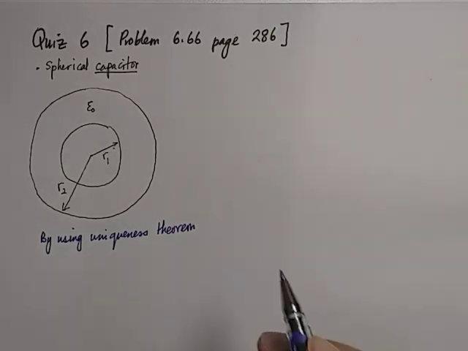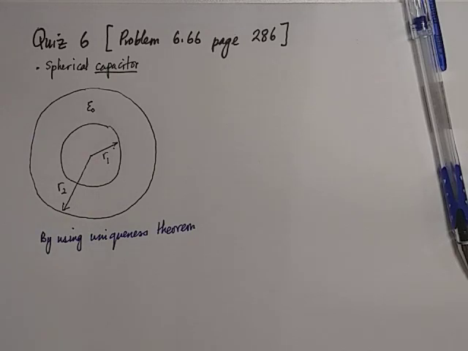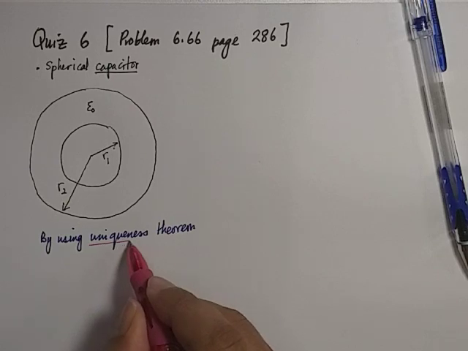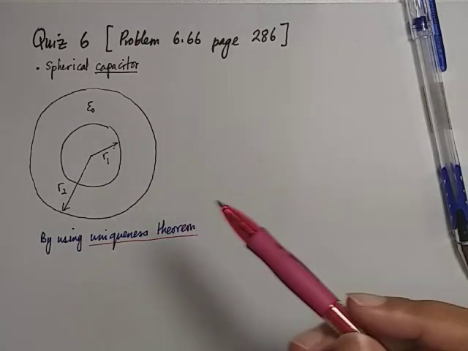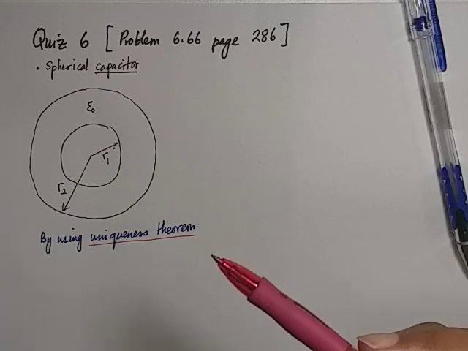So we have to define what the Uniqueness Theorem is. Uniqueness Theorem states that a solution to an electrostatic problem must obey two conditions, which are regional conditions and boundary conditions. Therefore, from our diagram, we must define what is our region and what is our boundary.